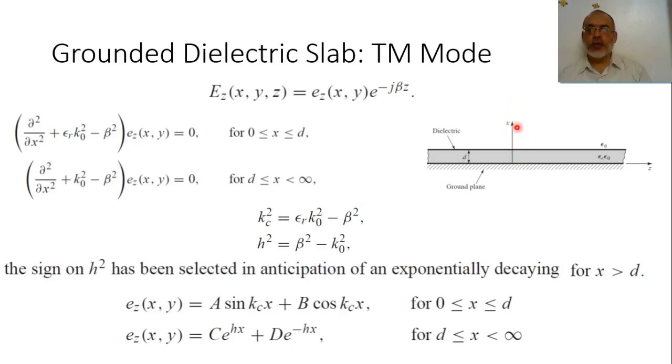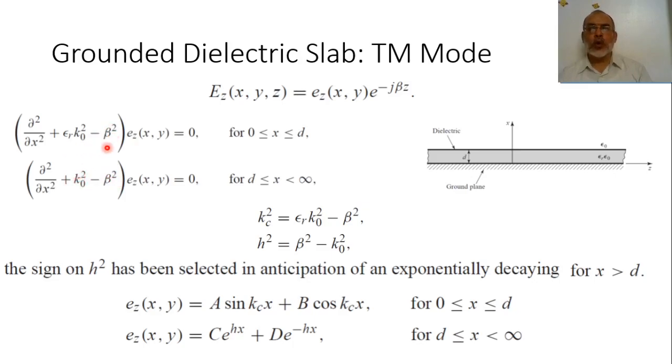This can be satisfied if the value of epsilon r k naught squared minus beta squared is positive and k naught squared minus beta squared is negative. In other words, epsilon r k naught squared is greater than or equal to beta squared, and beta squared is greater than or equal to k naught squared.